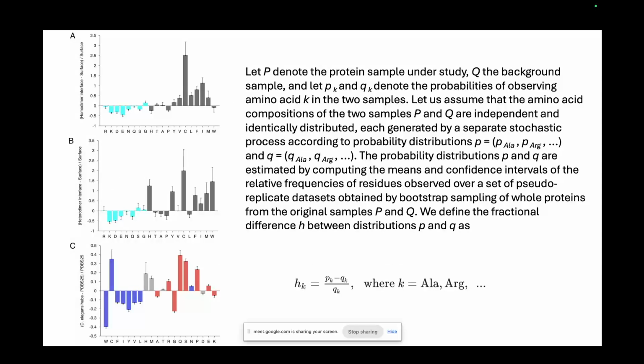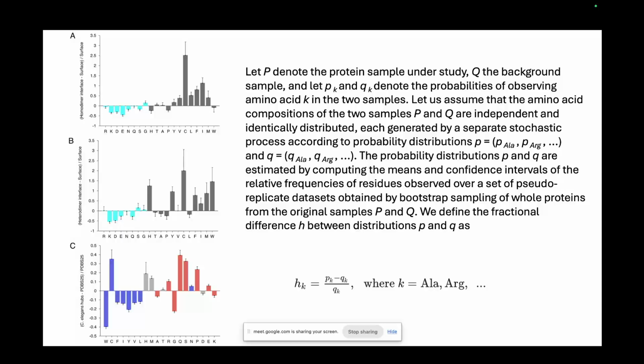Now, this is basically a method into how the composition can tell you some things, or how the composition is calculated. So, for example, say you have a protein P, which you are studying, and Q is the background sample. The background sample is a known protein that you are trying to compare against or trying to see differences against.